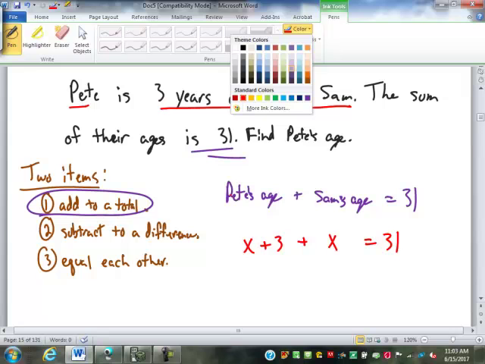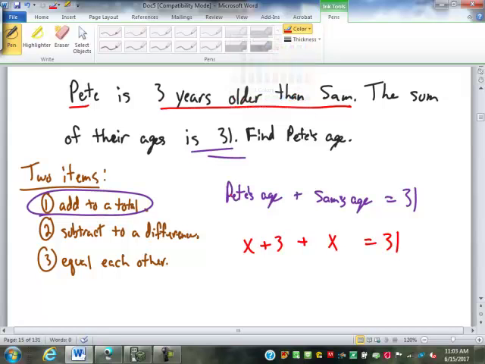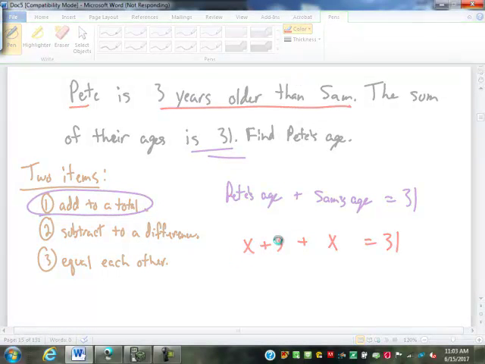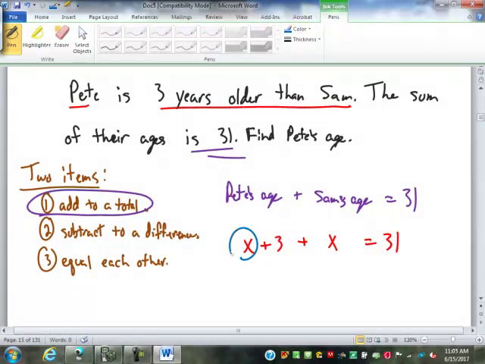So now, when I go to solve this, before I solve, there's something I have to simplify. What is it? The 2 x's. If I combine x and x, I get 2x. We think of that as 1x and 1x combining to make 2x. So this is 2x plus 3 equals 31.